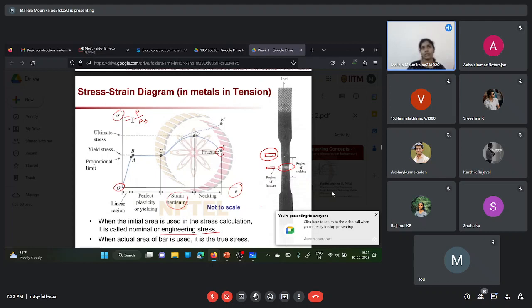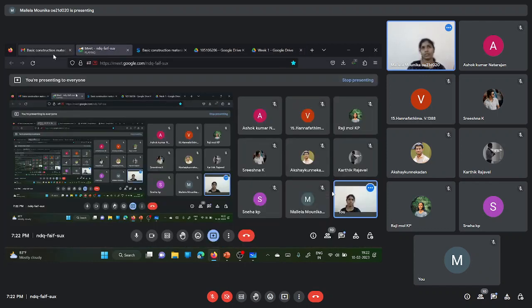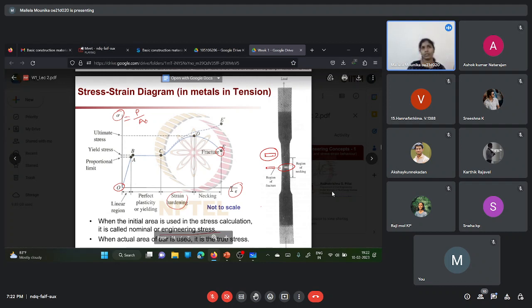Here, which is the dependent one and which is the independent one? See, actually, this is the dependent quantity, and this is the independent quantity. The strain depends on the stress.